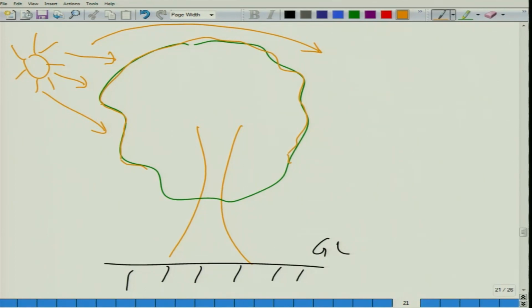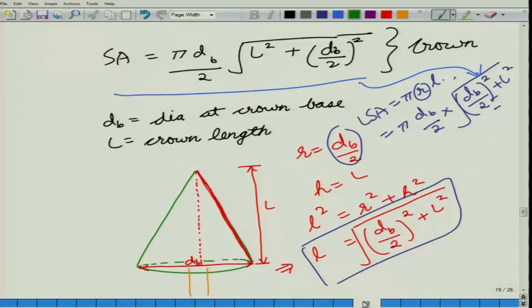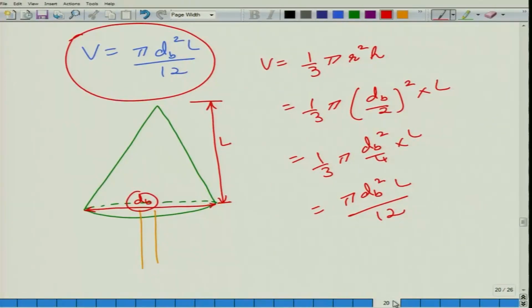in which we are not considering the bottom surface area. Now, when we talk about this lateral surface given by this equation, the lateral surfaces will be an indication of the amount of sunlight your plant is getting, which will be an indication of the amount of photosynthesis that it is doing.